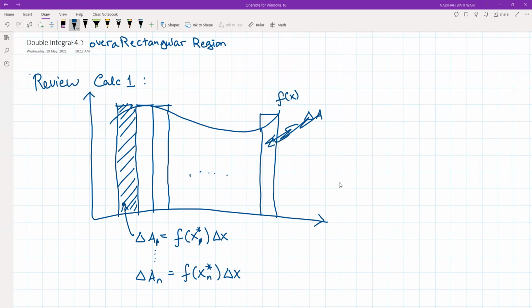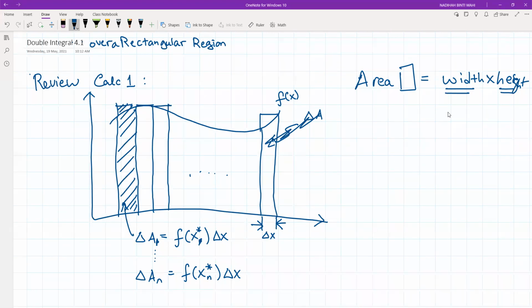So delta x is just the width. Kat sini. This is the delta x. Apa dia? Formula untuk area of rectangle is width times height. Ini yang kita belajar dekat sekolah rendah. So width times height. Apa ni? Lebar darab dengan tinggi ataupun tapak base times the height.